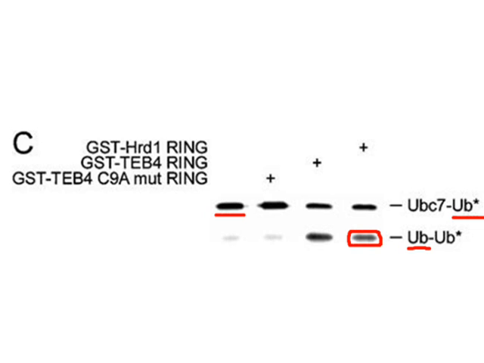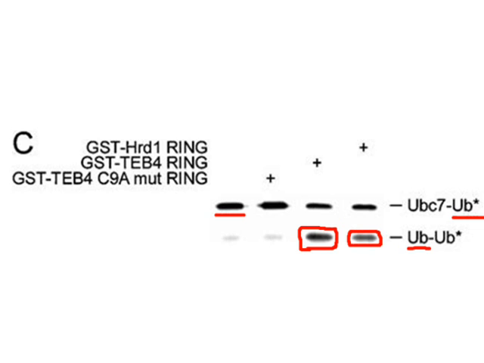TEB4 wild type is also added in a separate reaction, which also shows transfer of the fluorescently labeled ubiquitin to the cold substrate, confirming the previous result that the TEB4 ring domain is necessary and sufficient for ligation activity.